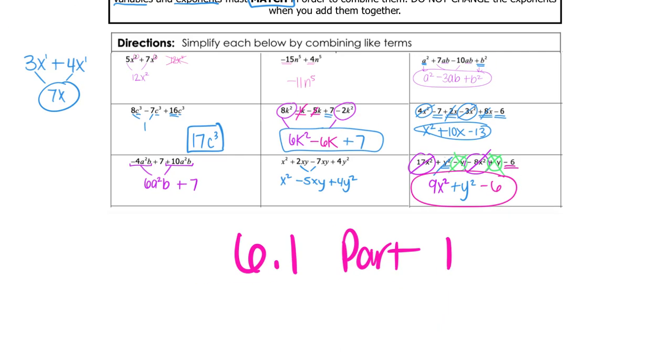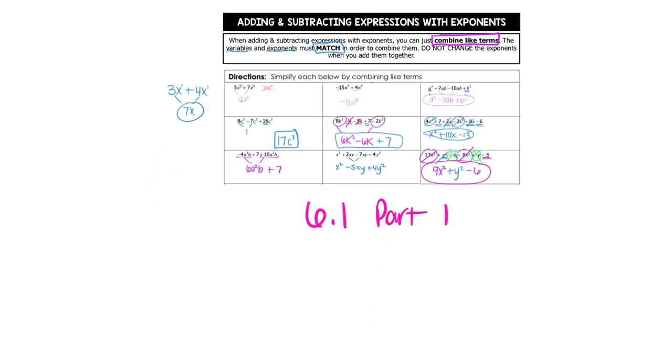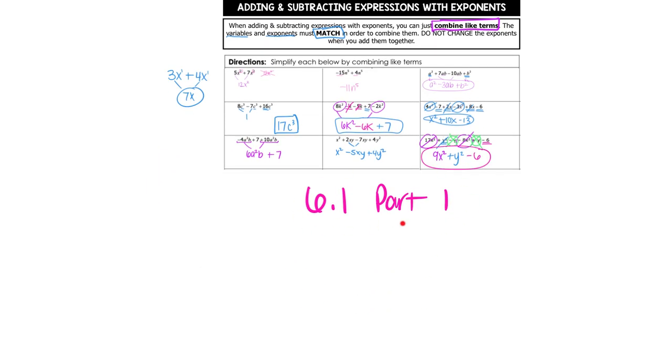One thing about this video, just to let you guys know, this video was made a long time ago. It's just one of the older videos that I have. You'll see what I mean once it gets started. It doesn't look like the actual note page, but all of the examples in the video are the exact same examples on this note page. So you will be able to follow along.